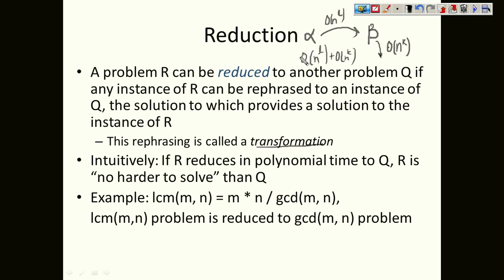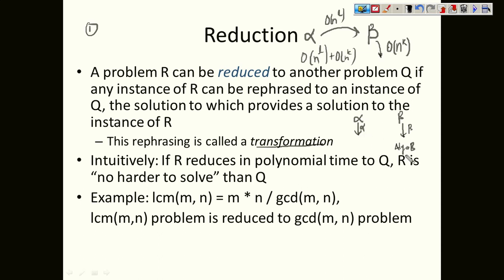Now, to confirm that a problem can be reducible from one form to another, two things are required. Number one, all the test cases of the alpha problem can be changed to a beta problem in polynomial time. What does that mean? Let's say this is problem alpha, this is problem beta, and we already have an algorithm for beta. This beta algorithm works on the instances of beta, and then we have the instances of alpha.